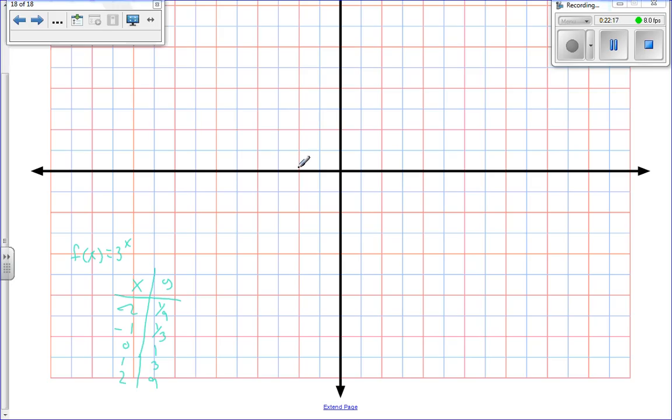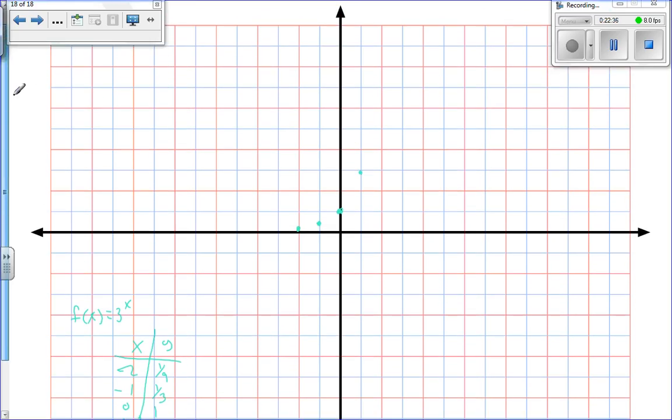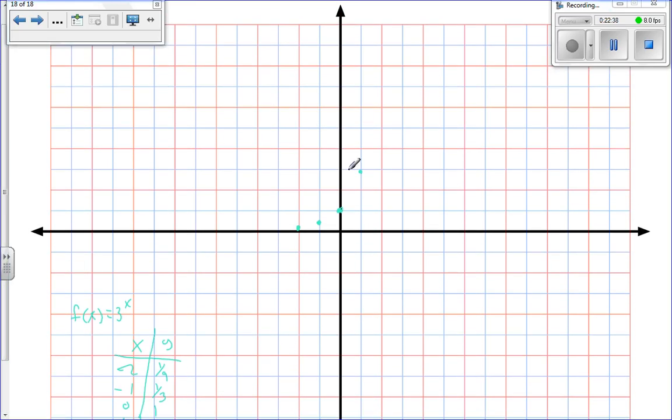So negative 2, 1/9 is right about here. Negative 1, 1/3 is up there. 0, 1. 1, 3, and then 2, 9.